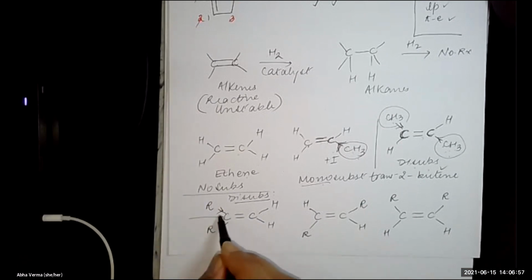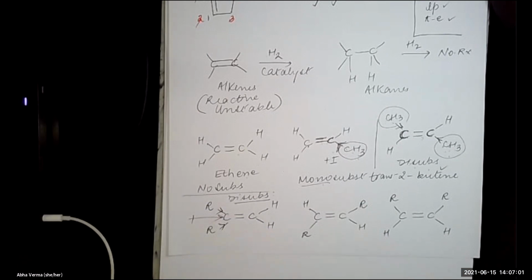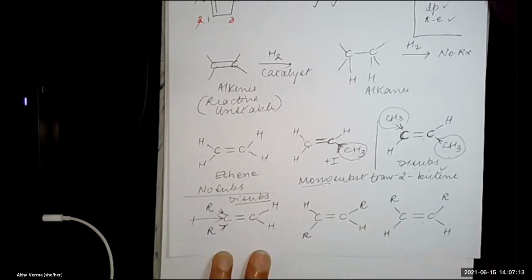So overall, if you look at the resultant, the donation is going in the same direction into the pi electrons. Trans is more stable than cis. What is the difference between these two? No steric hindrance here.